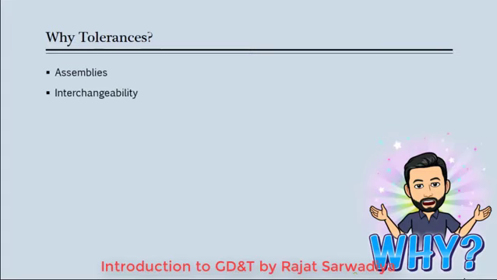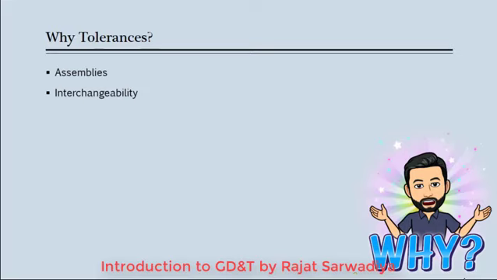Another reason can be interchangeability. We work with batch production. We are not actually working for a single part. And definitely, in batch production, you cannot achieve the same dimensions for each and every part.